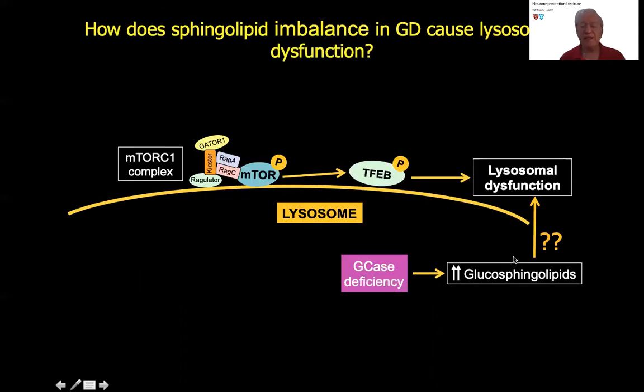So how does this sphingolipid imbalance cause lysosomal dysfunction? How do we go from a deficiency inside the lysosome, a deficiency in an important enzyme, to problems with lysosomes?